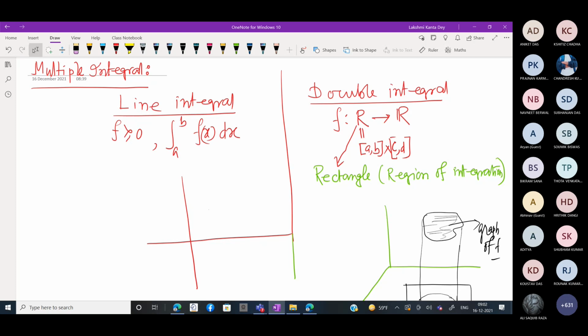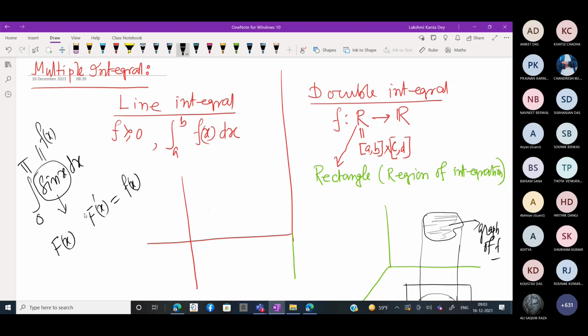Say, for example, if we look at the integral from 0 to pi of sin x dx. In that case, since the function sin x is a known function, that means we know another function, capital F(x), such that its derivative is equal to this integrand, say this small f(x).